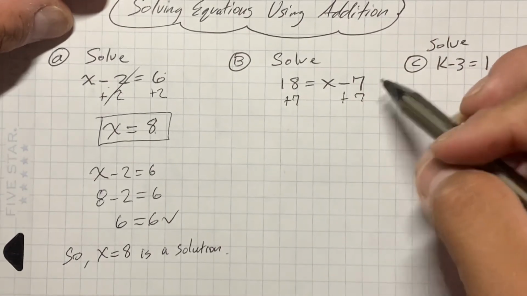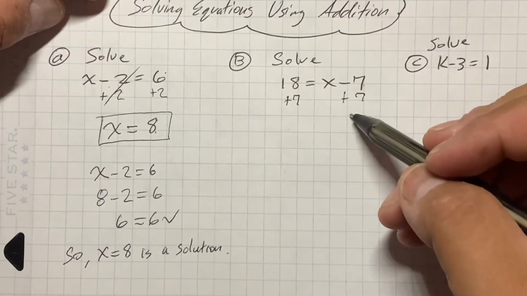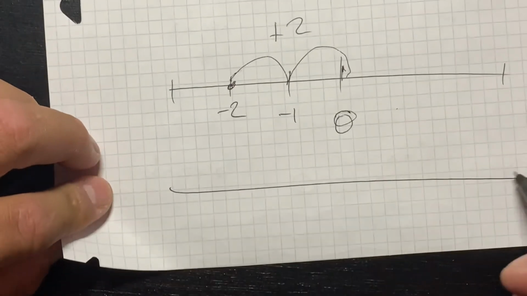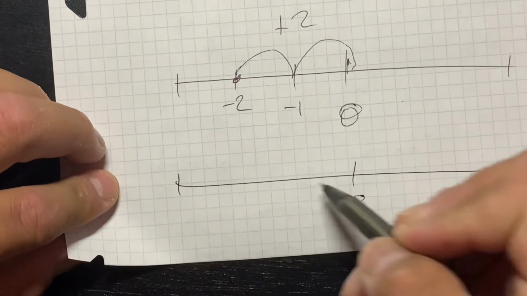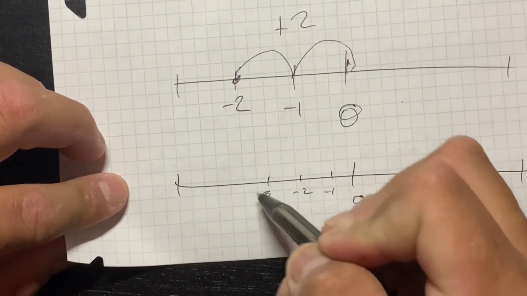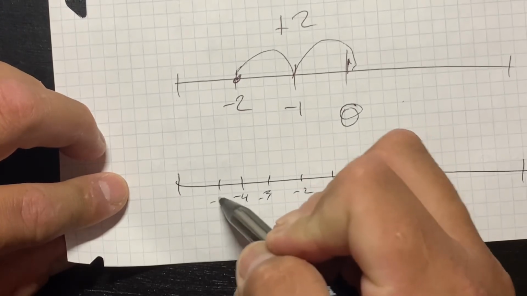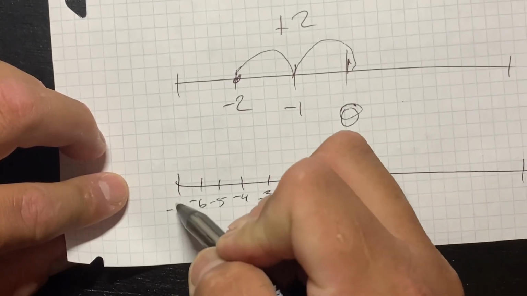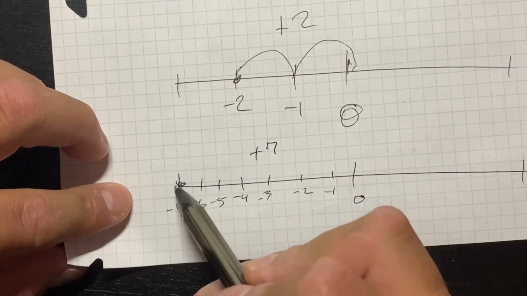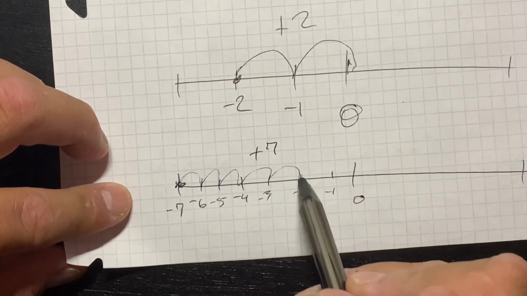Okay. Now, if we have negative 7 plus 7, just like what I mentioned before, okay, 0. And if we have like negative 1, negative 2, negative 3, negative 4, negative 5, negative 6, and negative 7, if we're here and we add 7, we're going to have 1, 2, 3, 4, 5, 6, 7.